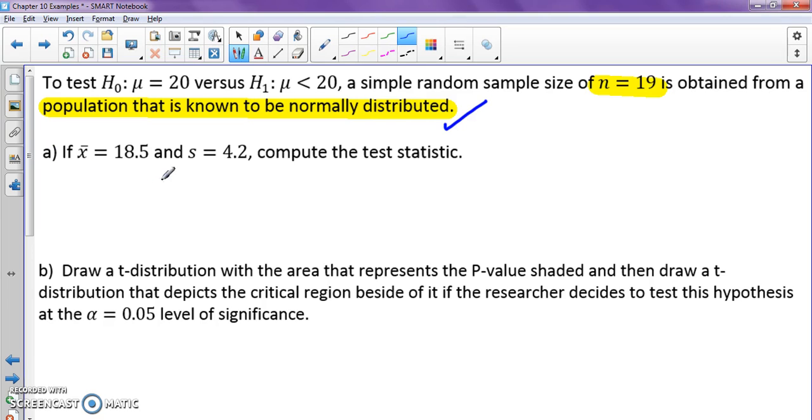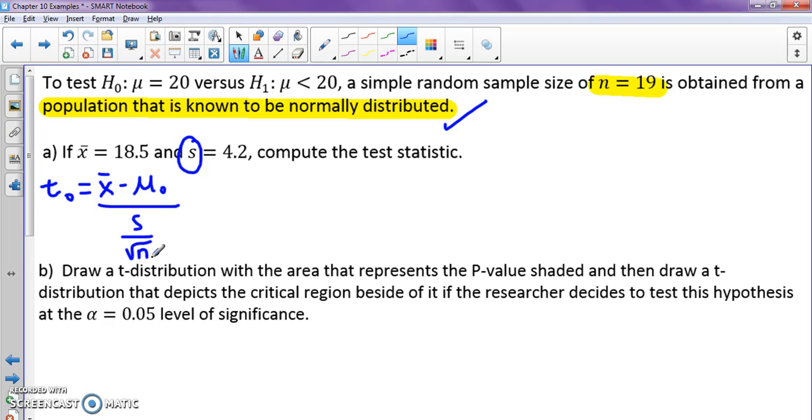So we're working with t, and that's because we know the sample standard deviation and not the population standard deviation. So t sub 0 is x bar minus mu sub 0 divided by s divided by the square root of n.